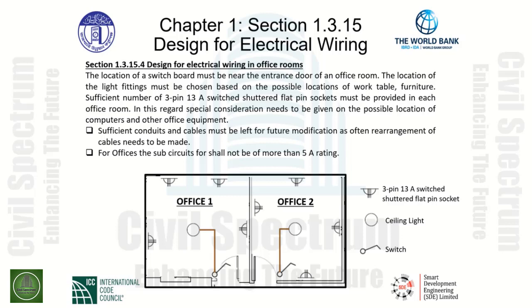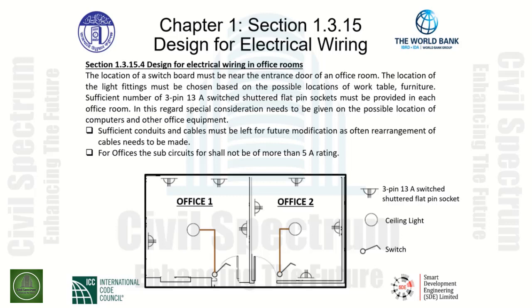The location of the light fittings must be chosen based on the possible locations of work table, furniture, etc. Sufficient number of 3-pin 13-amp switch shuttered flat pin sockets must be provided in each office room. In this regard, special consideration needs to be given on the possible location of computers and other office equipment.